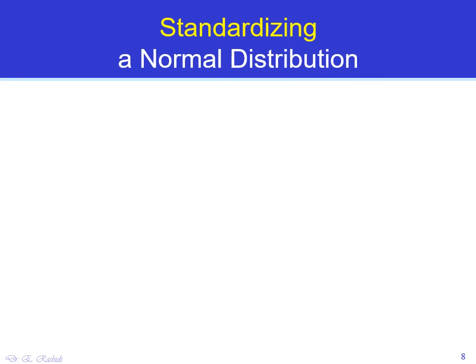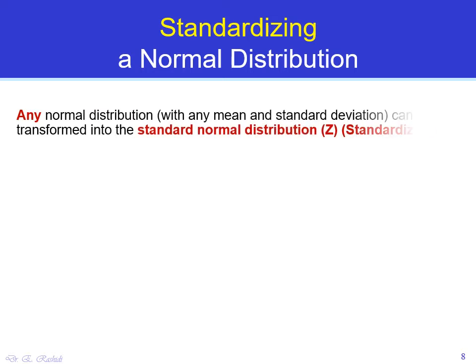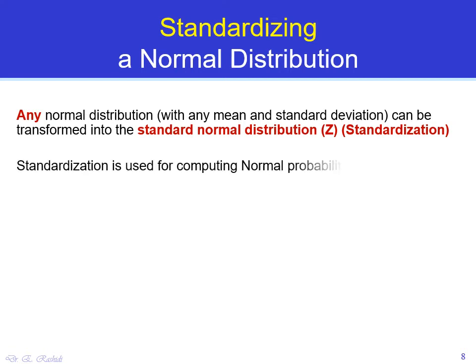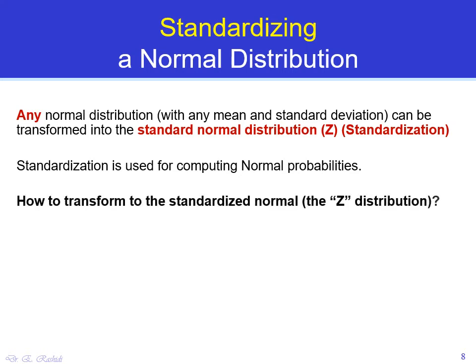Standardizing a normal distribution. Any normal distribution with an average of mu and a standard deviation of sigma can be transformed to a standardized normal distribution, or z distribution, with an average of 0 and a standard deviation of 1. This process is called standardization of the normal distribution. Let's see how this transformation works. Suppose x is a random variable that follows a normal distribution with average mu and standard deviation sigma.